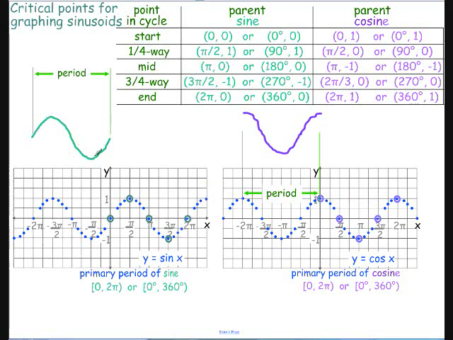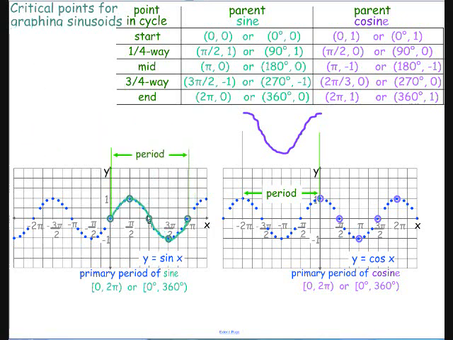It's going to look like this, starting from 0 for y equals sine x, and it's going to look like this for cosine, starting at 0, where the ratio is 1. I wonder if I can just pop those in. I can.